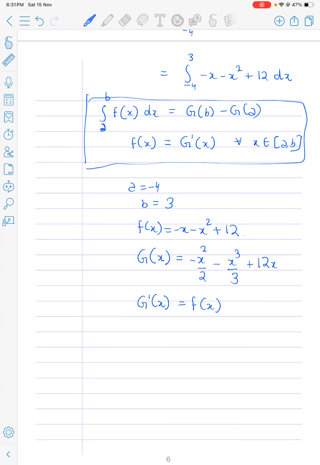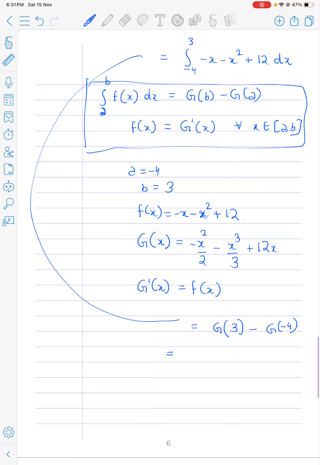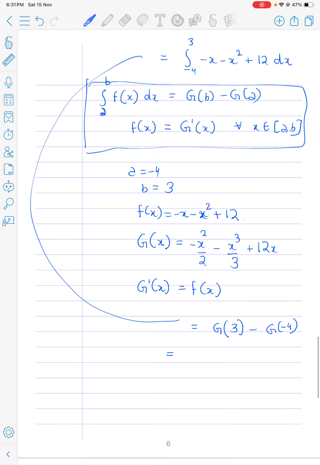So I can now write g of 3 minus g of minus 4, and I think you can calculate the rest, I believe. So I'm going to skip question number 4.